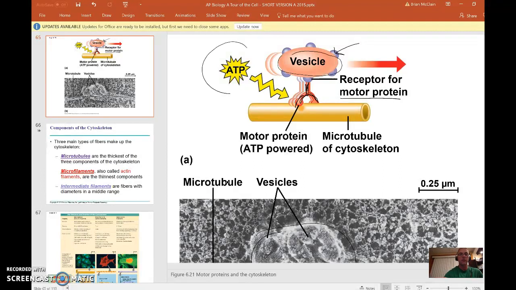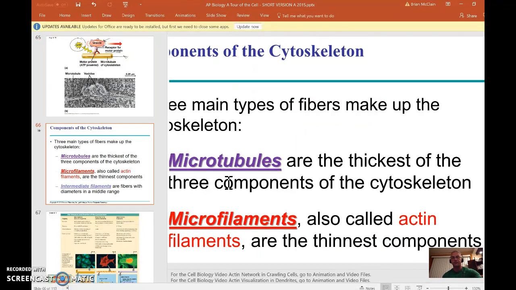Then we invest a little bit of energy in the form of ATP, and we're actually going to be able to mobilize movement along a microtubule. So this supports the idea that our cells don't just have vesicles randomly moving throughout. They actually have a set pattern as far as where they can go, and it has a structure that will support how they go from point A to point B.